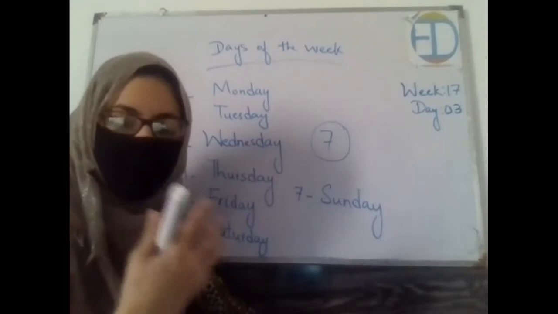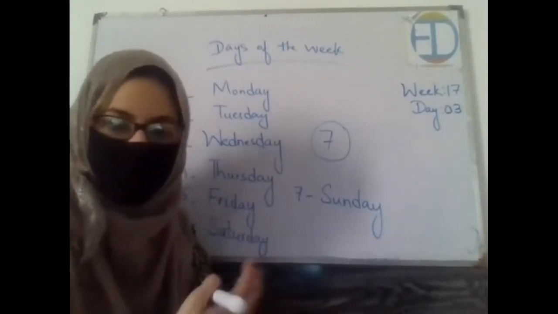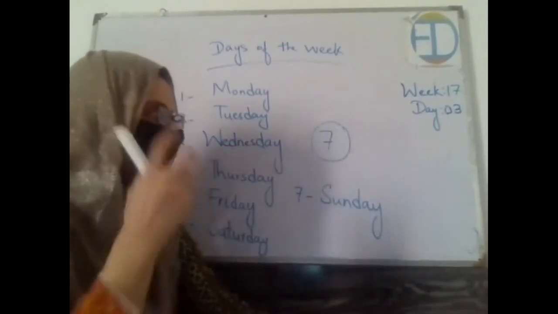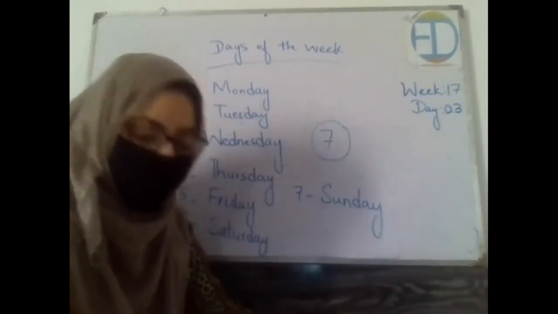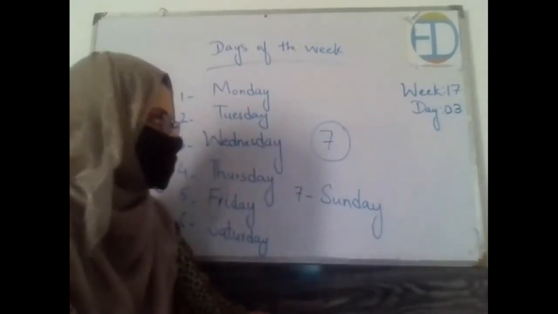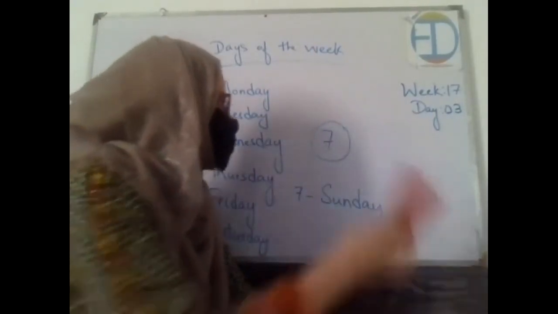Now let's make an activity chart. I want all of you to please take out your notebooks. You will be making an activity chart. What you will be doing, you will write all of these in a shape. Let me show you the order.